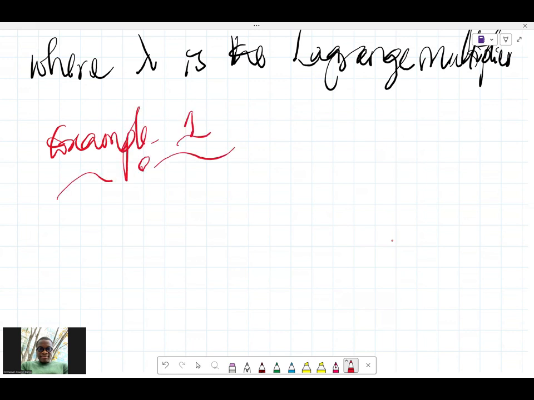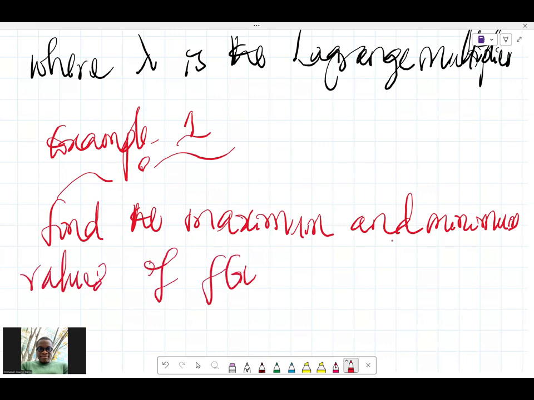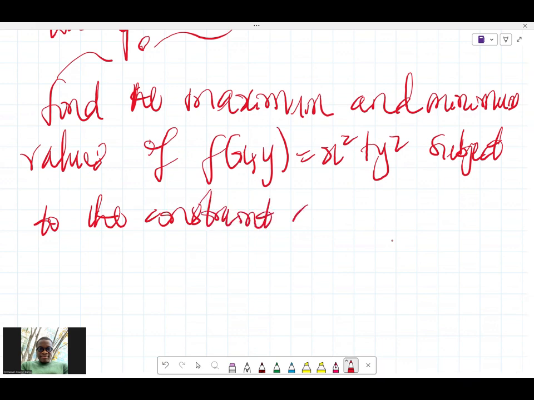Find the maximum and minimum values of f of x, y equals x squared plus y squared, subject to the constraint g of x comma y equals x plus y minus 1 equals 0.